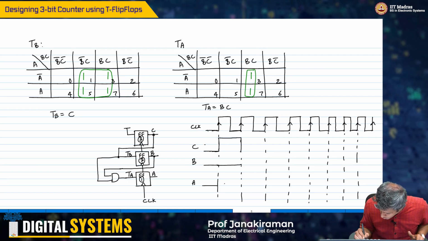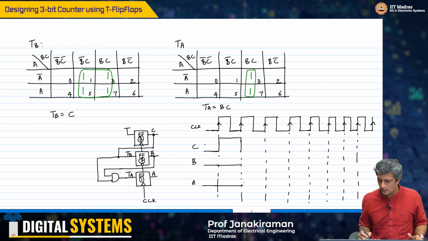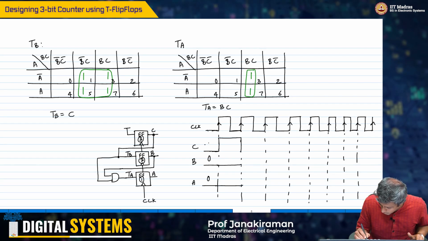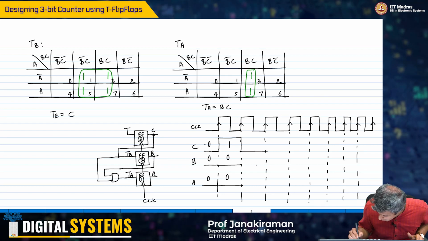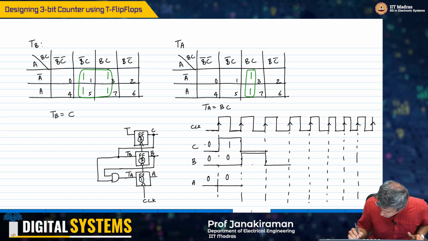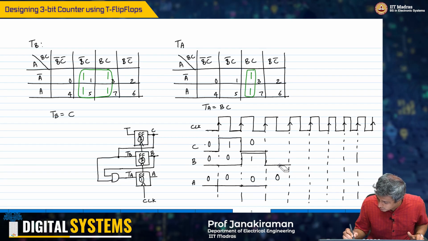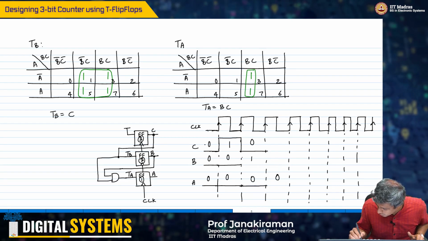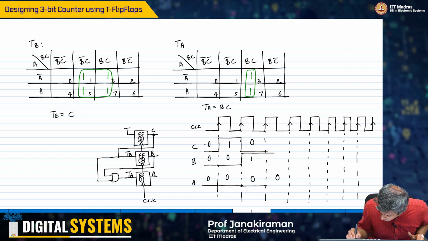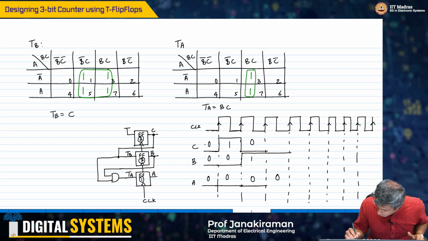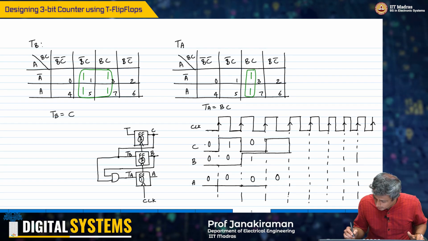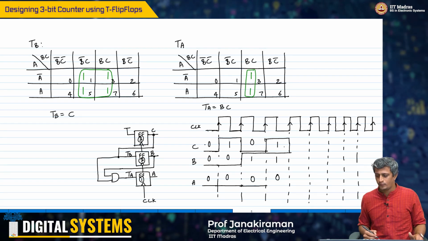So B continues to be 0, A continues to be 0. So this is 0 0 0, 0 0 1. Then I want it to go to 0 1 0, then 0 1 1.